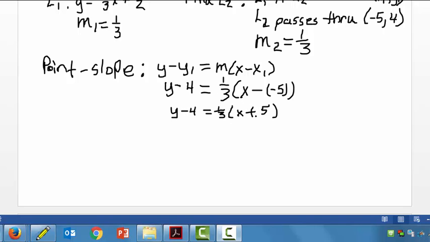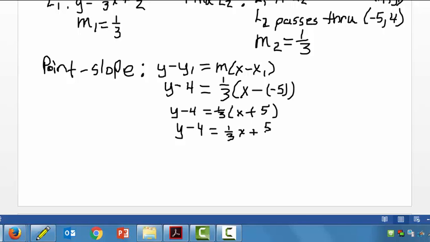So here, if I was in my math lab, I could stop right here and enter this as my answer. If I wanted to do the slope-intercept form, I would have to, of course, keep going.